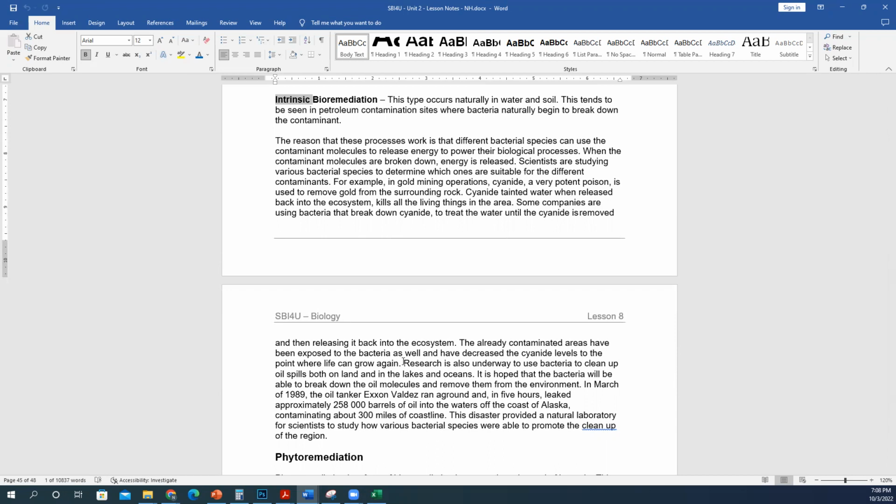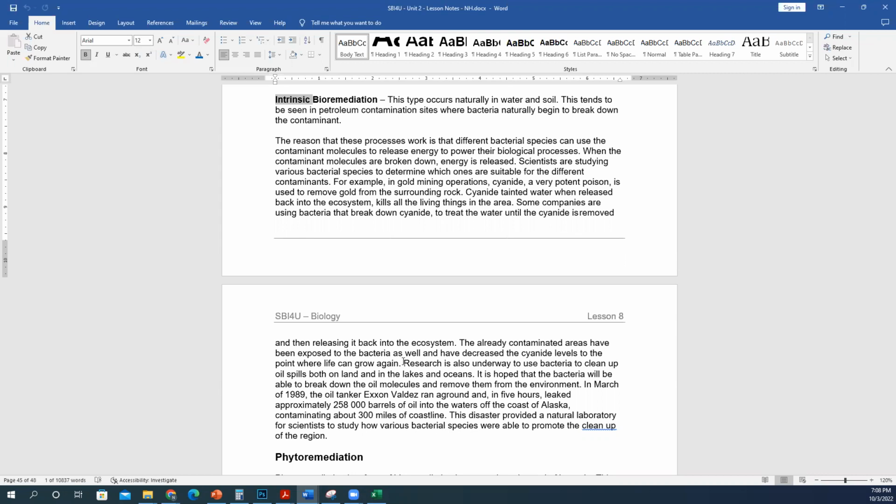So this has been tested. There are areas which have already been contaminated, and when these areas were exposed to the type of bacteria that consume cyanide, you could see a decrease in the cyanide levels to the point where life started to thrive and that area started to grow again.